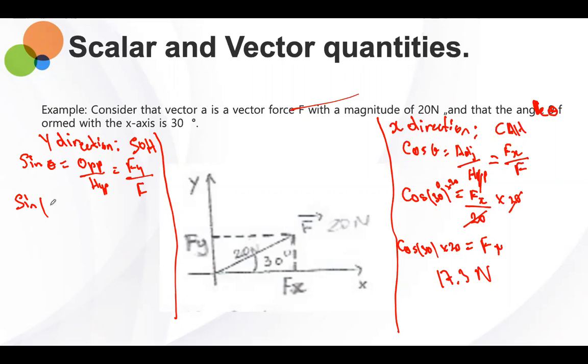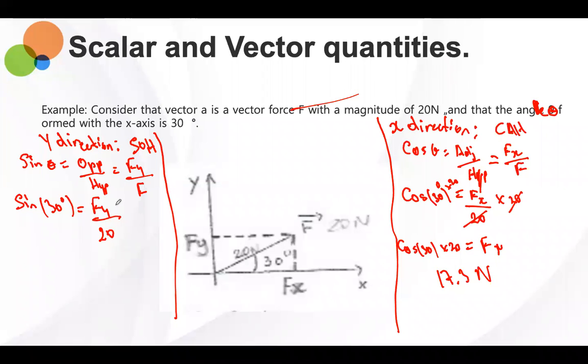All right. So let's go again. So sine, guys, we don't have much time. Let's go. Sine, what goes here? 30. Sine 30 degrees equals Fy. We want to try and find Fy, so let's put that back down over 20. All right, and what's the next step?